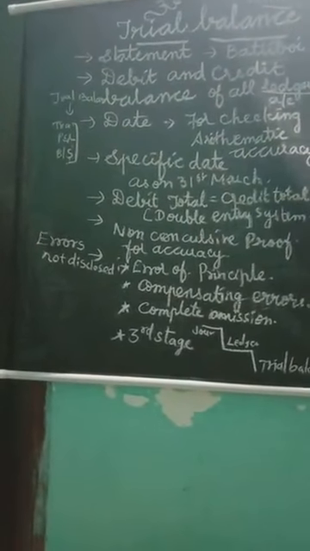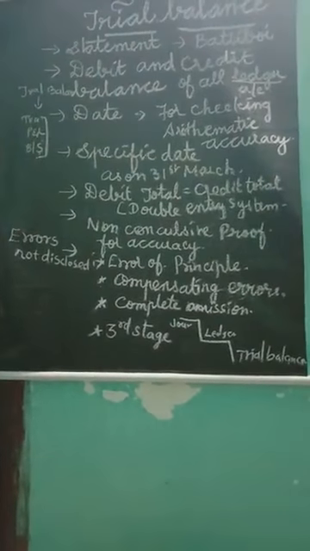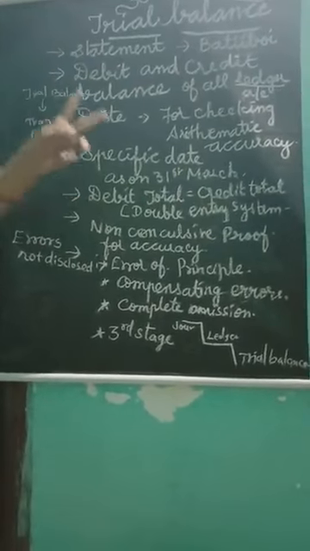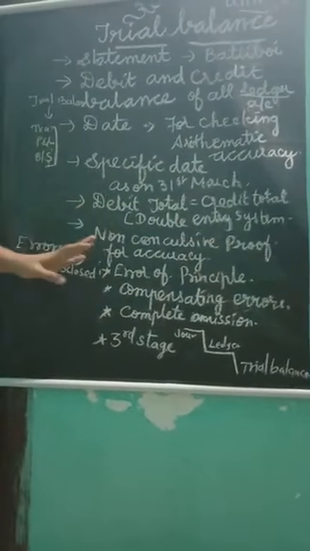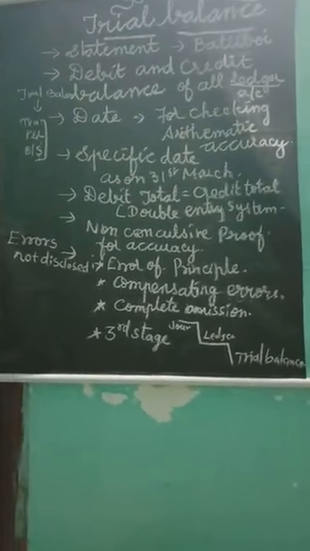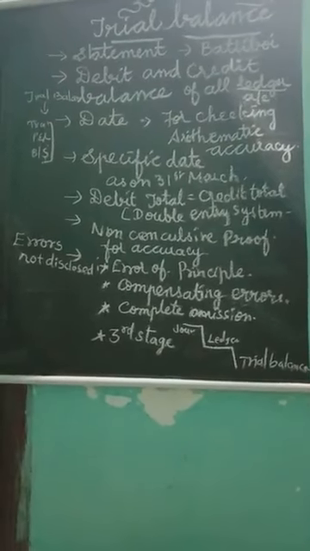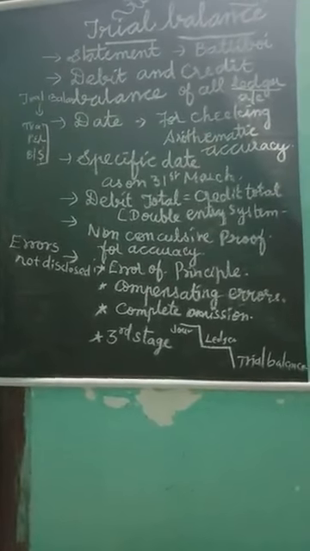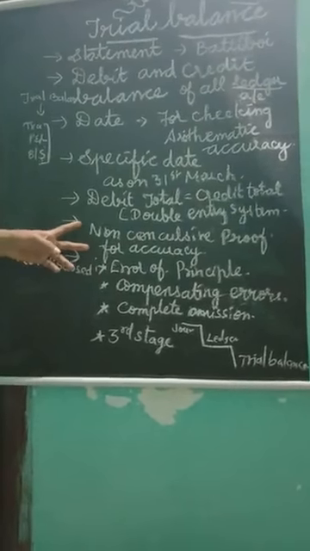Therefore, the total of the debit balances must be equal to the total of the credit balances. Then the next statement: such agreement between the total of the debit balance and the total of the credit balance offers immediate and apparent proof of arithmetical accuracy.